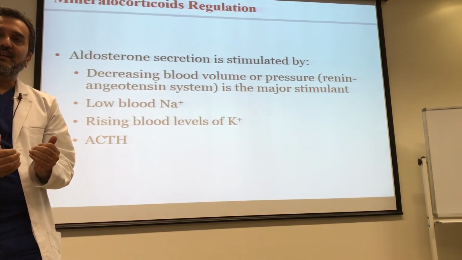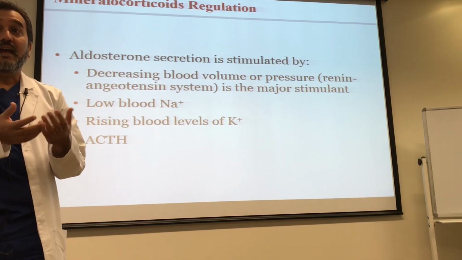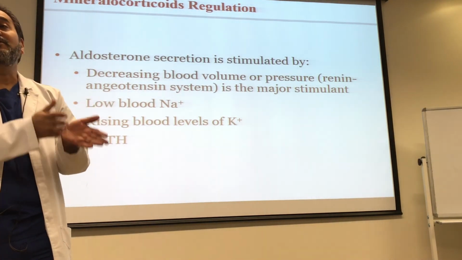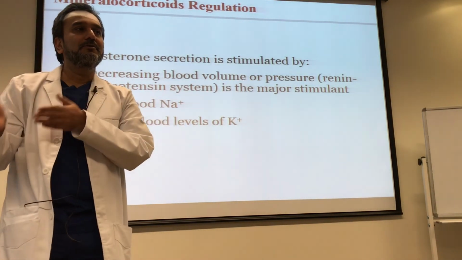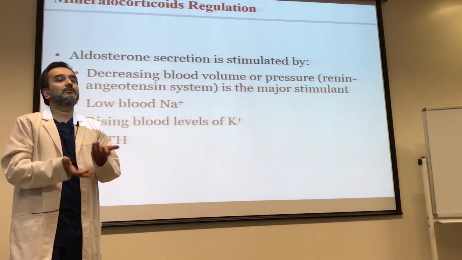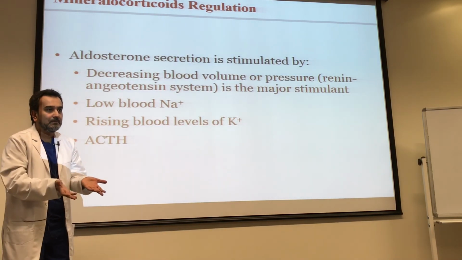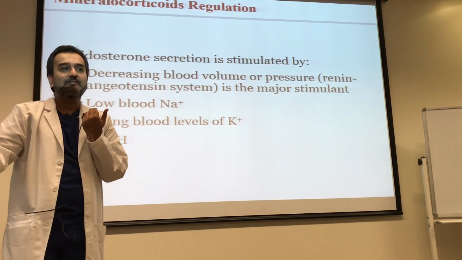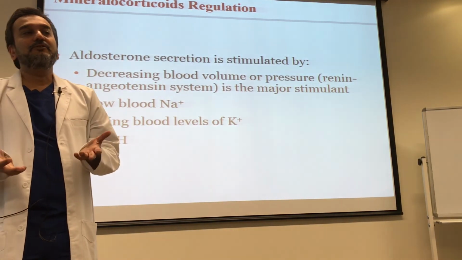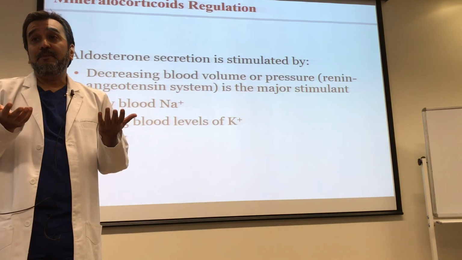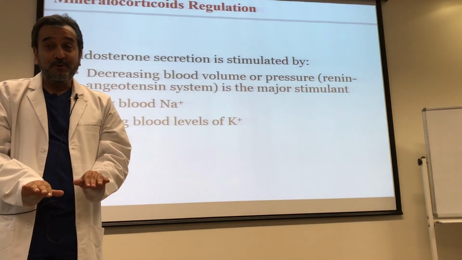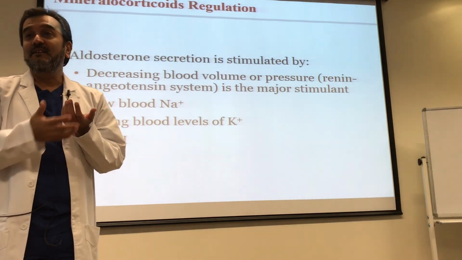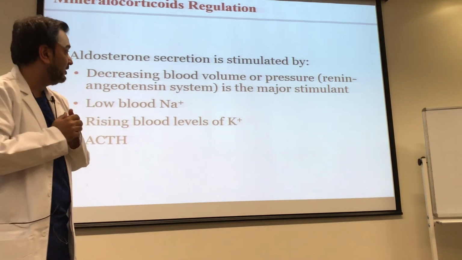Angiotensin 2 affects the adrenal cortex, inducing aldosterone synthase, which converts corticosterone into aldosterone. This causes sodium absorption and potassium and hydrogen excretion from the kidney, leading to hypernatremia, hypokalemia, and alkalosis because you are releasing hydrogen ion in urine.